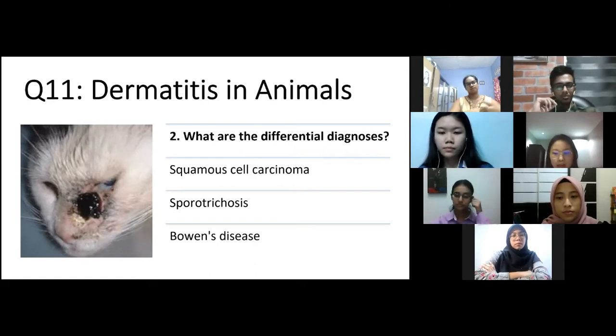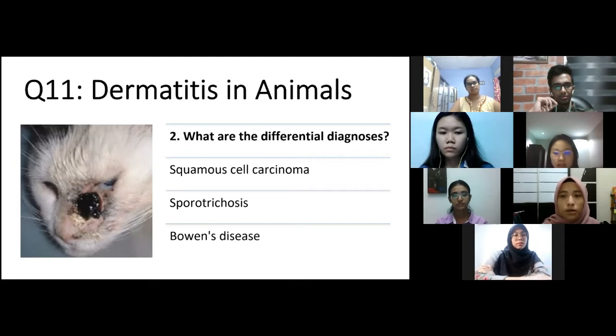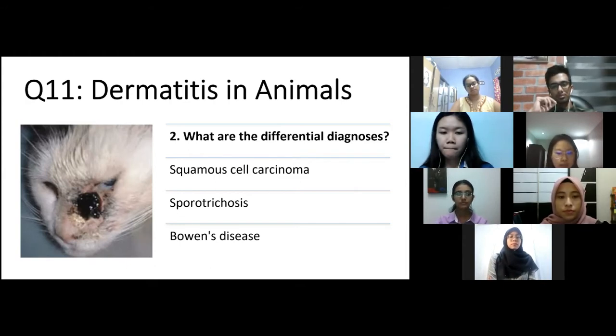As the infection ascends along the lymphatic vessels, new nodules develop. The lesions ulcerate and discharge a serohemorrhagic exudate. We suspect sporotrichosis because these fungal infections are often seen on the head, especially on the bridge of the nose and pinna, which you can see in the lesion shown in the photo.